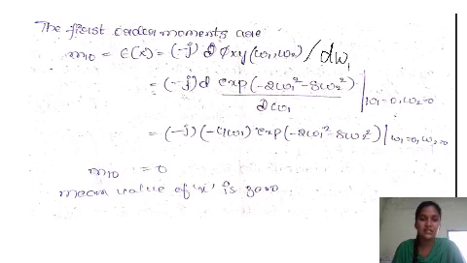So we'll get minus j into minus ω1 into e^(minus 2ω1² minus 8ω2²), where ω1 and ω2 are equal to 0. Finally, we will get m10. If we substitute ω1 and ω2 equal to 0, the overall term will be 0. So the mean value of x is 0.